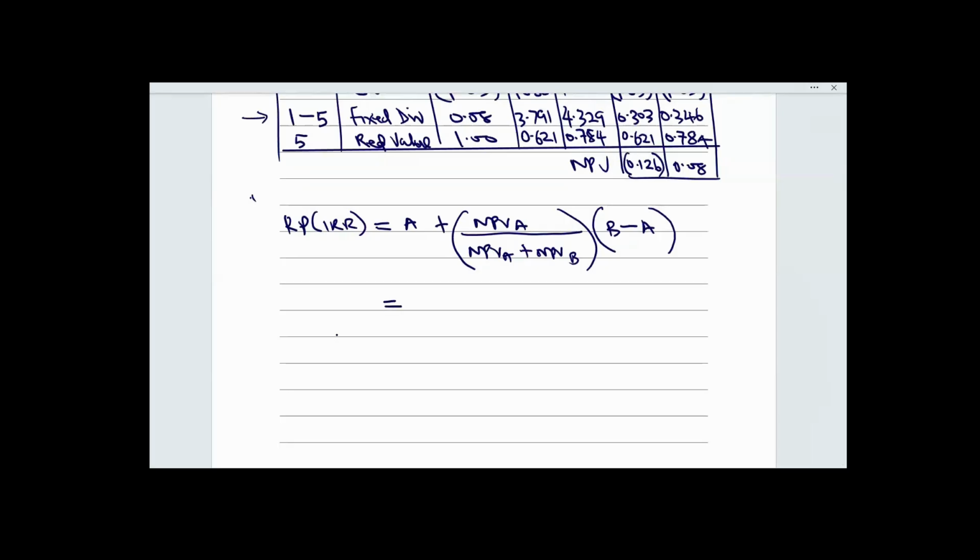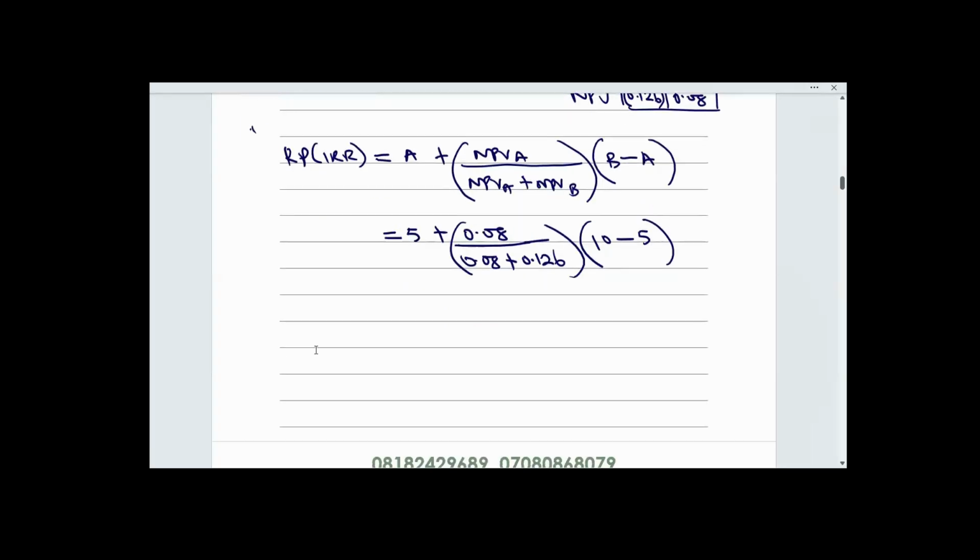We assume 5 and 10%. 5% is lower. 5 plus NPV of the 5% is 0.08 divided by 0.08 plus NPV of the higher, 0.126, all of this multiplied by higher discount rate of 10 minus lower discount rate of 5. So let's calculate and get the final answer.